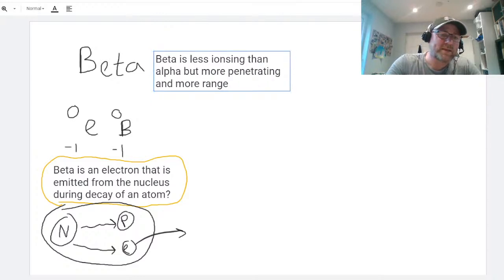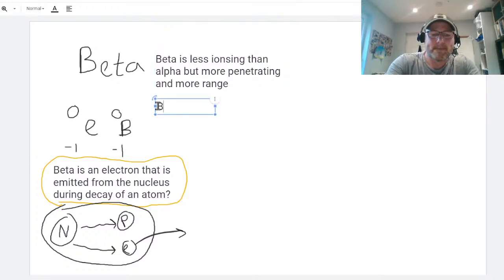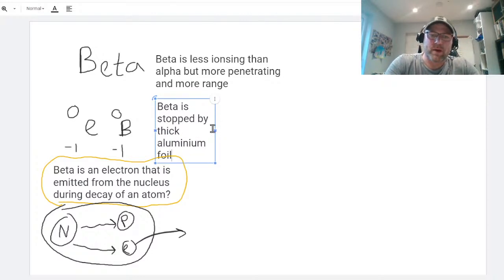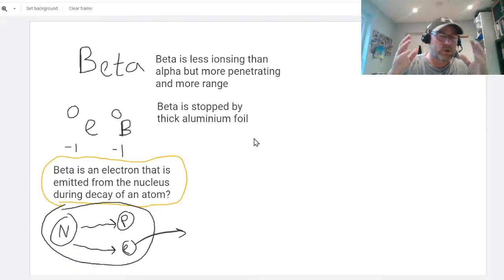You do need to know what beta's stopped by. Beta is stopped by thick aluminium foil. So it's still pretty thin. It will go through paper. It will go through thin aluminium foil you wrap your sandwiches in, but slightly thick, better quality aluminium foil, it will get stopped by. So still quite easy to stop.